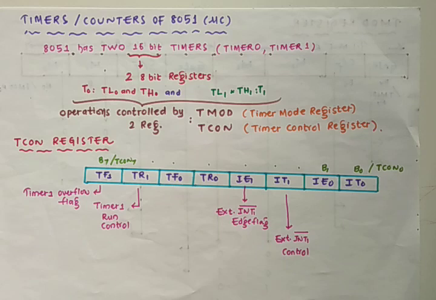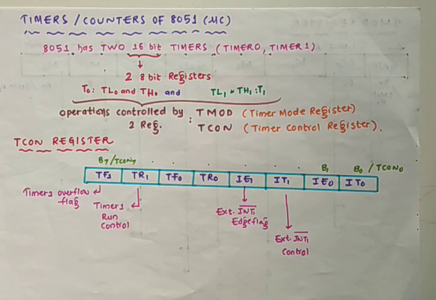That 16-bit width is divided into two 8-bit registers, TL0 and TH0. Timer 1 also has two registers, TL1 and TH1.